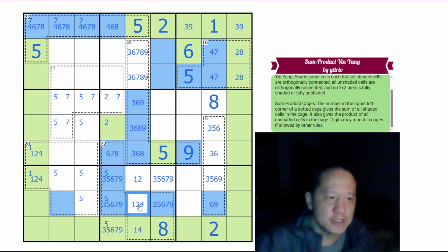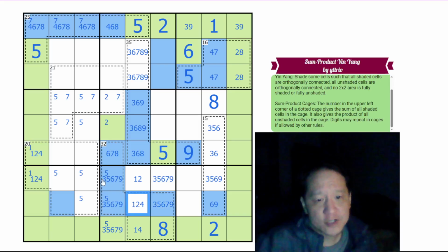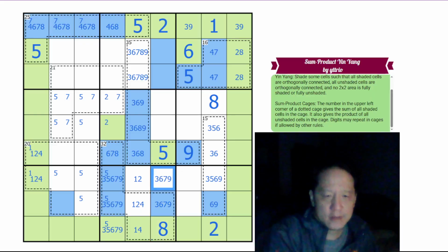So if this is shaded, it could be 2 with 6, 7, 9. If none of these are shaded, now 5 can't be here.